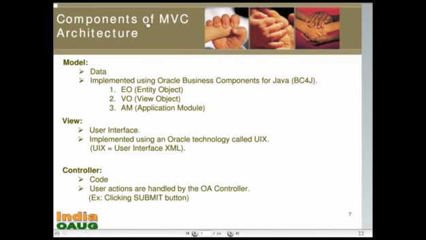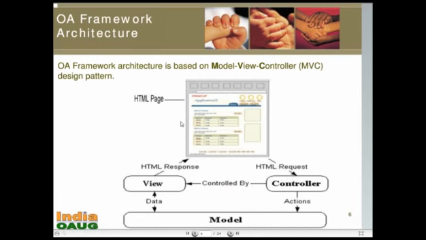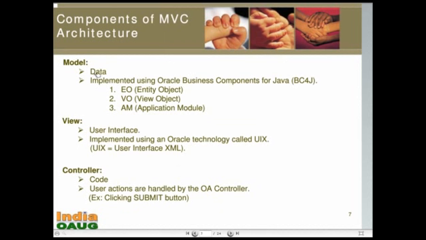Now, what are the components we have in MVC architecture? First we will discuss the model. The model is nothing but data, completely the database. It is implemented using BC4J components, Business Components for Java. What are the BC4J components we have? EO, VO, AM.